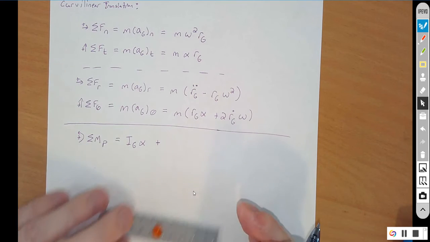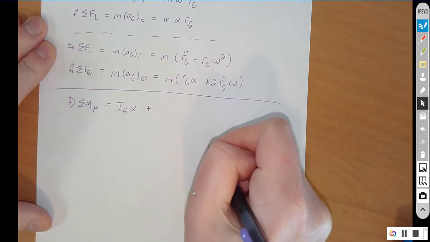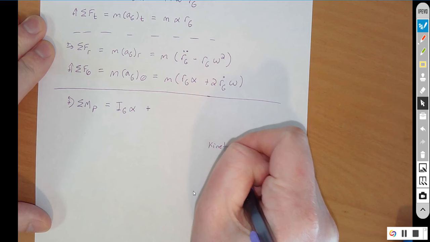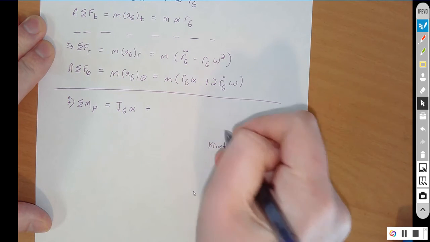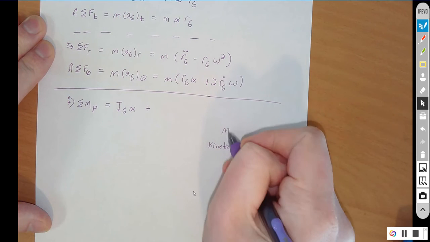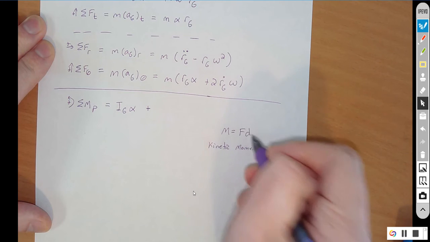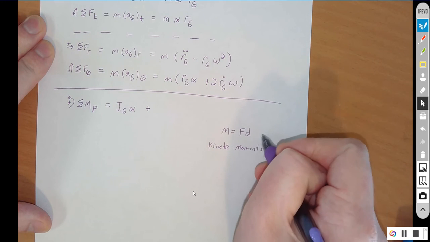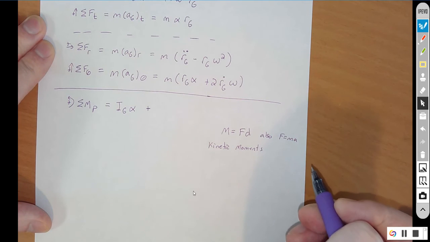If we take a short little detour here, a traditional moment, you might remember, is moment equals force times distance. But we also know that F is equal to ma, lowercase m.